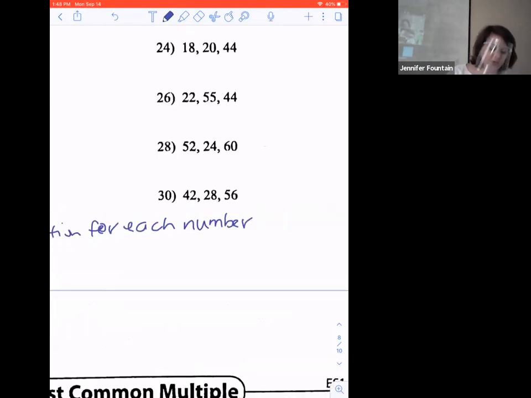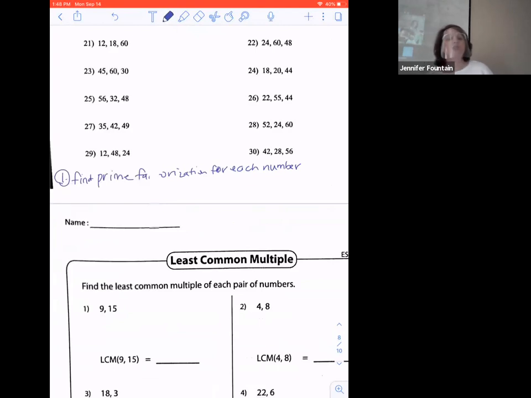The first thing I have to do is prime factorization for each number. So first step, prime factorization.